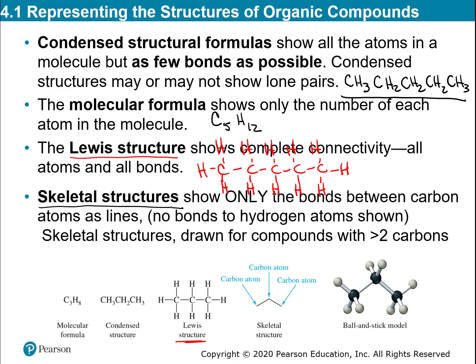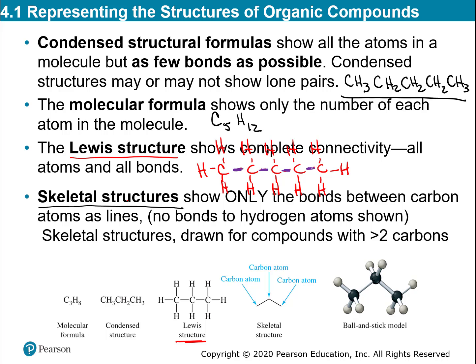So if you look at this 5-carbon group, how many carbon to carbon bonds do you see? There's 5 carbons. Count the bonds between the carbons. 4. Does everybody see that? Okay, so if I can actually highlight them, 1, 2, 3, 4. Those are carbon to carbon bonds.